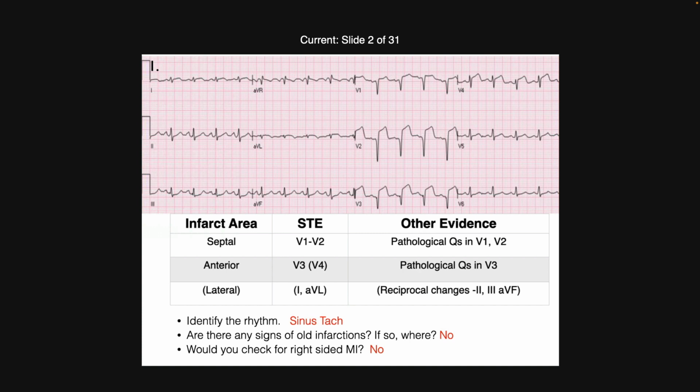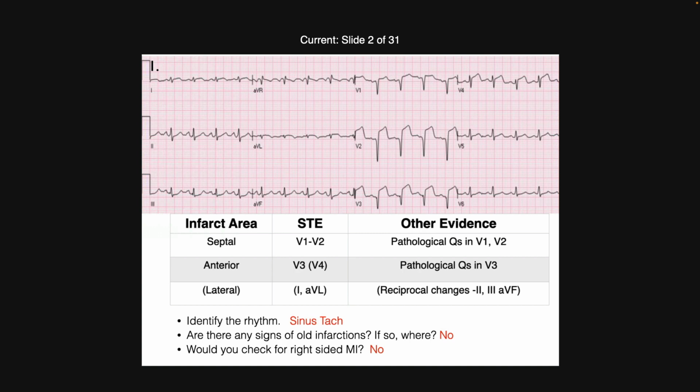So for that reason, we're going to come back to this one when we get to our next lecture and we talk about, does the shape of that mean anything? Does that flipped T wave mean anything at all? So as I said, I'm totally okay as long as you see septal anterior, but I have to mention there probably is something happening in the lateral leads, okay? And totally okay if you don't say anything there.